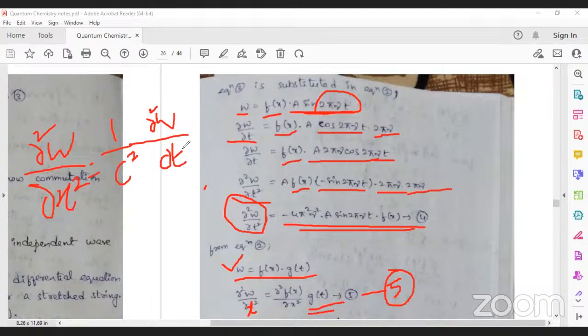This is equation number 1, that is the second order differential equation for wave motion. Now equation 4 will be substituted here and equation 5 will be substituted here. Then simplifying, we will get the Schrodinger wave equation. Is it clear? Just see, clear cut.